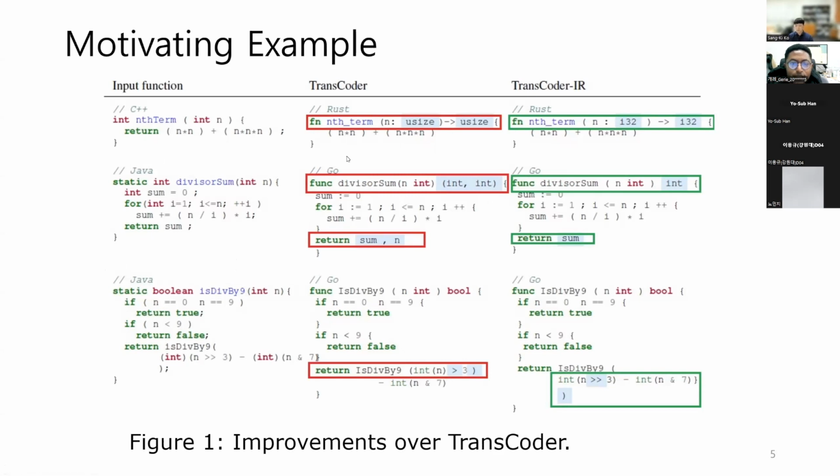Basically, this example compares the baseline, so-called TransCoder, and the current model, which is called TransCoder-IR. If anyone is not familiar with TransCoder, it is a programming language translation or code translation model written by the same authors.